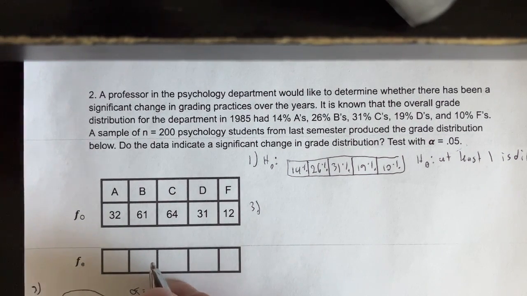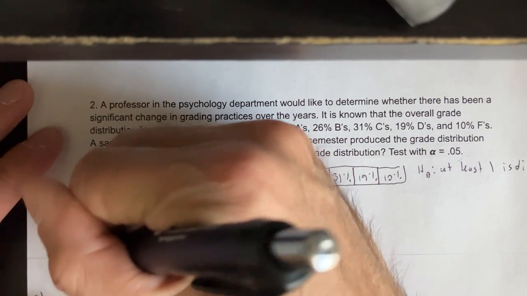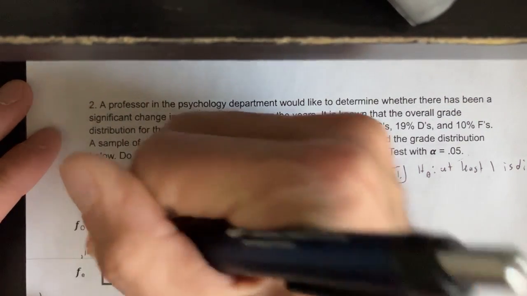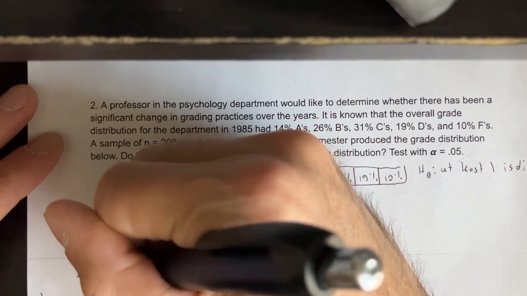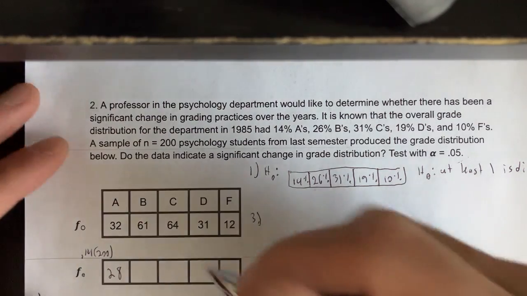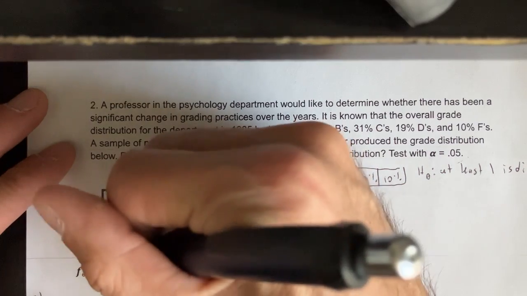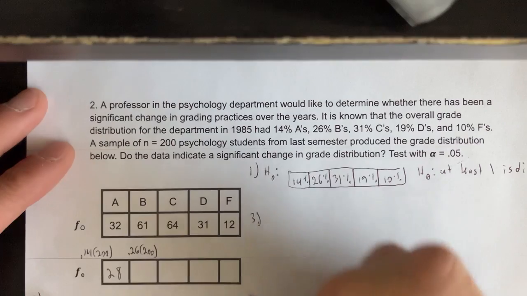Basically, the first one here is going to be 0.14 times 200. So that's supposed to be 14%, right? If you punch 0.14 times 200 into your calculator, you'll get 28. For the second box, we're expecting to have 26%, so the second box is 0.26 times 200.